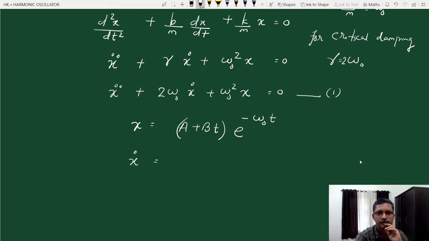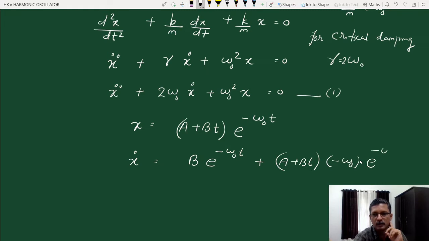x dot: we have to use the product rule. The derivative of the first function a plus bt gives 0 plus b, so b, times the second function, plus the first function into the derivative of the second function, which is minus omega 0 e raised to minus omega 0 t.